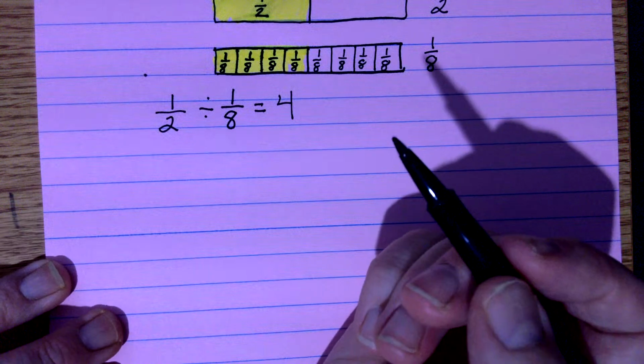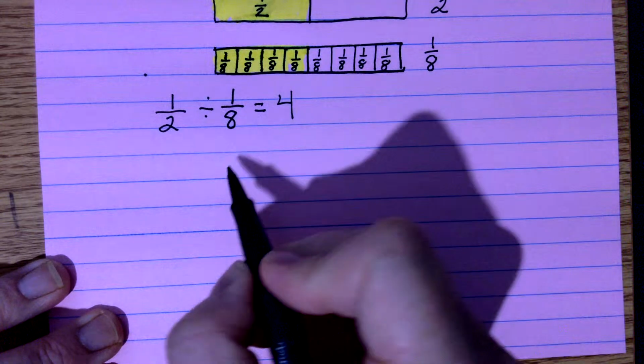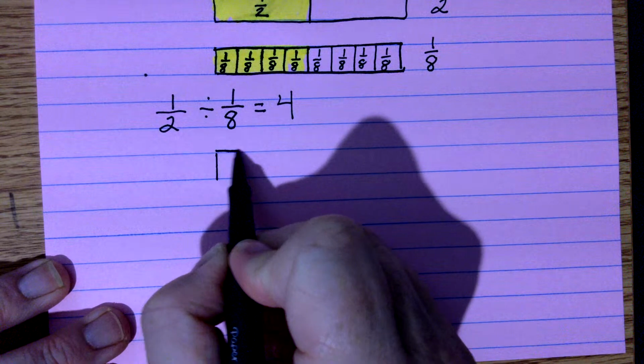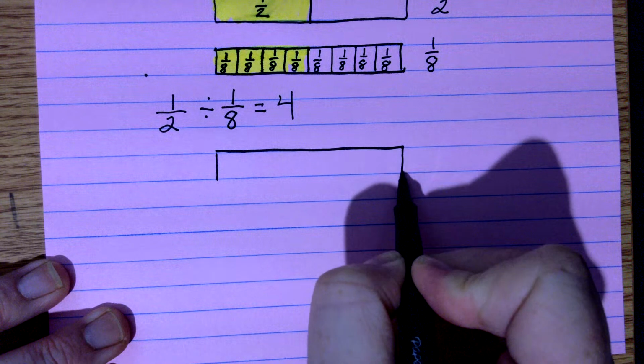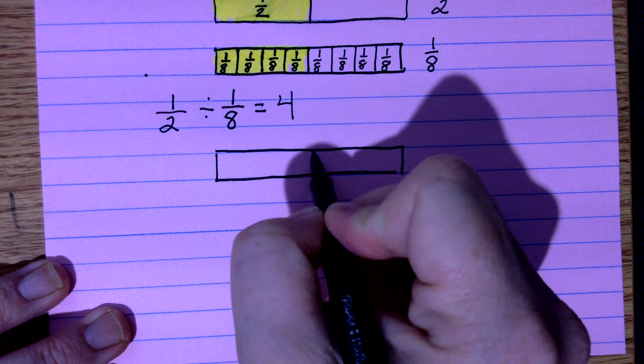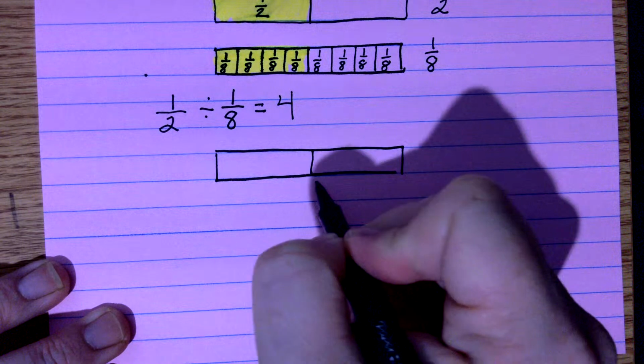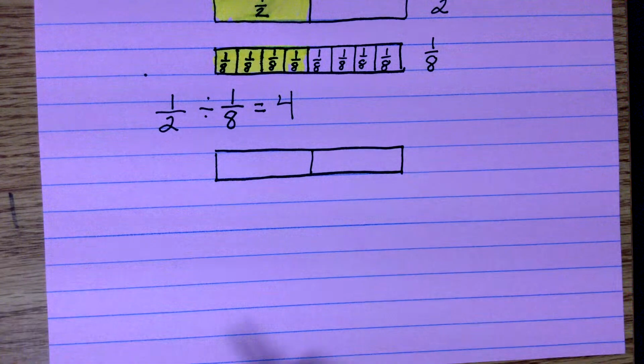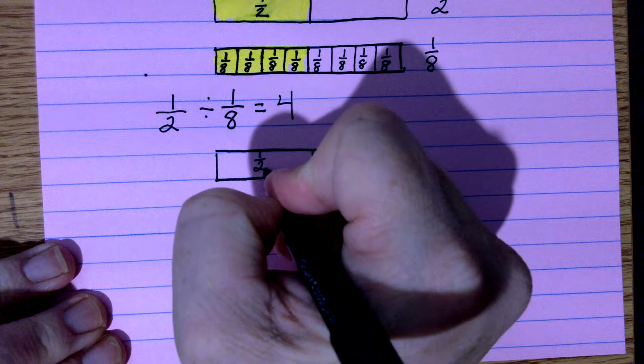We can do the same problem with different size pieces. And you'll see that even though our half is divided, the size of the pieces matters as to how many pieces are going to be in that area.